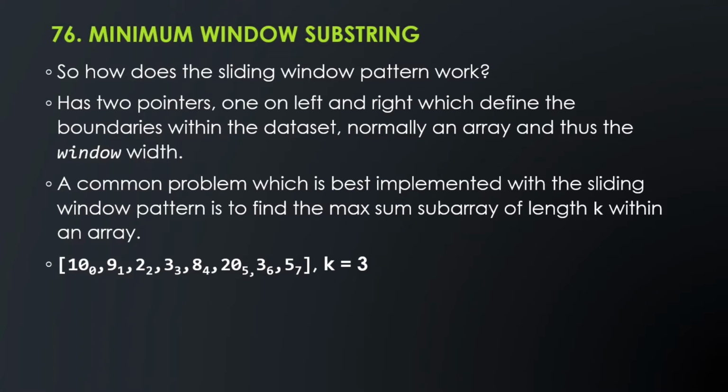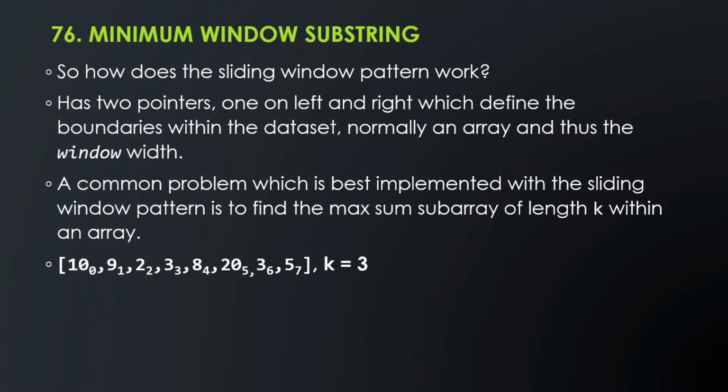Normally the data set is just an array, and the two pointers are just the indices within our loop that help us define that window width. That's the basis of the whole idea of creating our window.